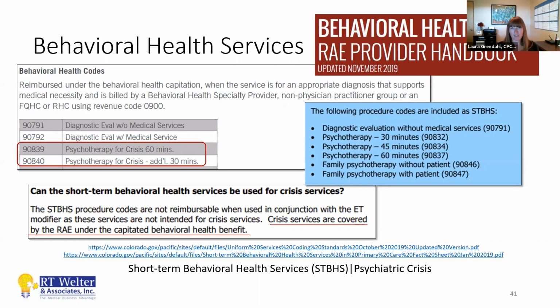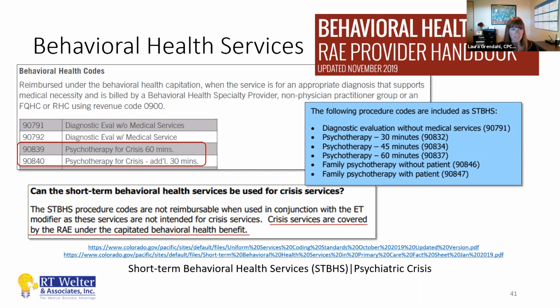So starting off, CPT codes 90839 and 90840 are psychotherapy for crisis encounters. Report code 90839 for 30 to 74 minutes and 90840 for each additional block or blocks of time up to 30 minutes and beyond the first 74.